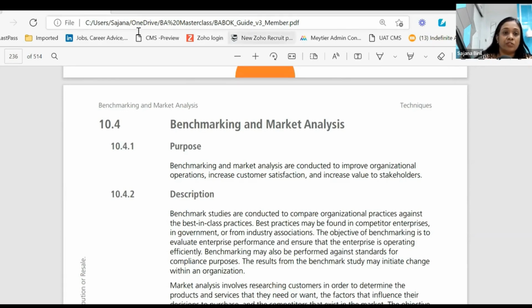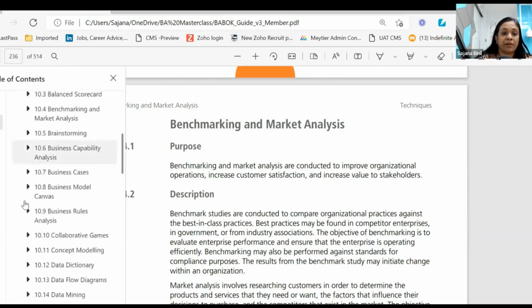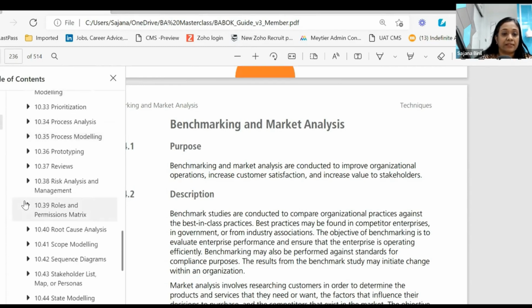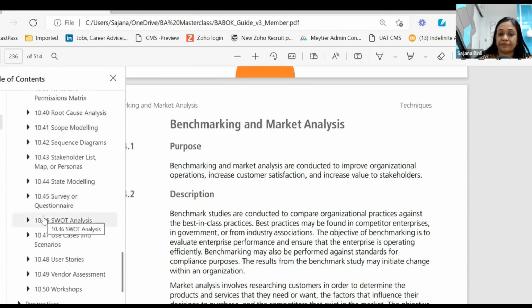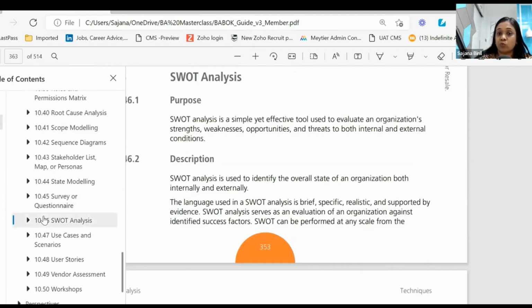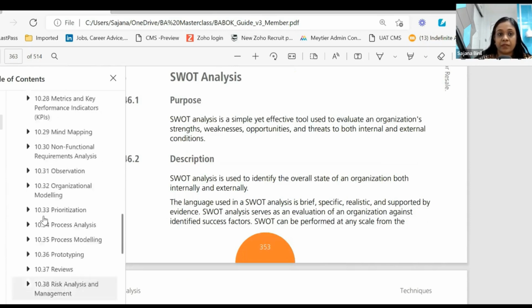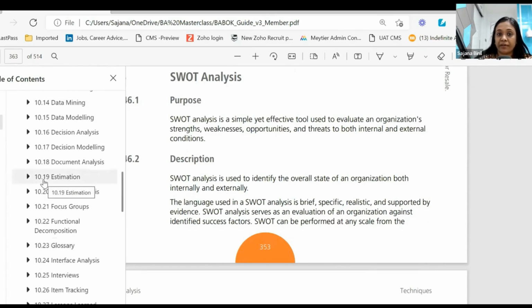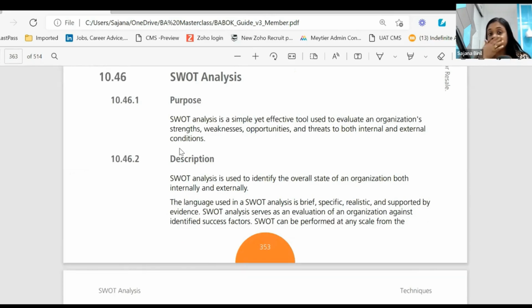One of the frequently used techniques in benchmarking is also the SWOT analysis, which is indicated as a separate technique here. SWOT stands for strengths, weaknesses, opportunities, and threats. In benchmarking, we try to understand our strengths and weaknesses and compare them with the competitors, the people who are best in that particular category.